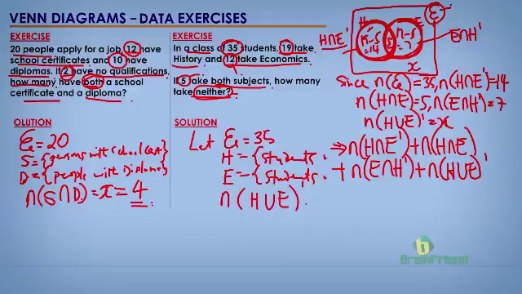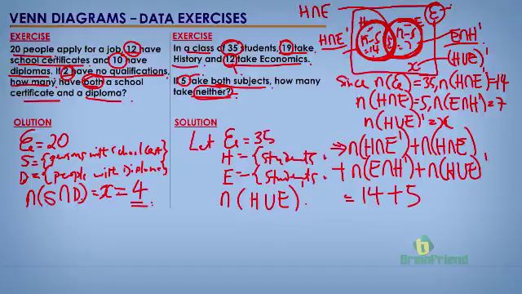Our region here, which is H intersection E. Our region here, which is E intersection H prime. And our region here, which is H union E prime. If we add all of that, we have values 14 from our region here, plus 5 from our region here, plus 7 from our region here, plus X from our region here, to give us 35.